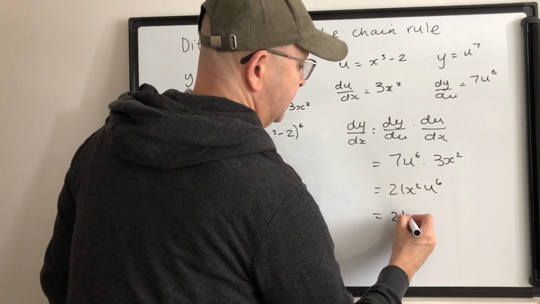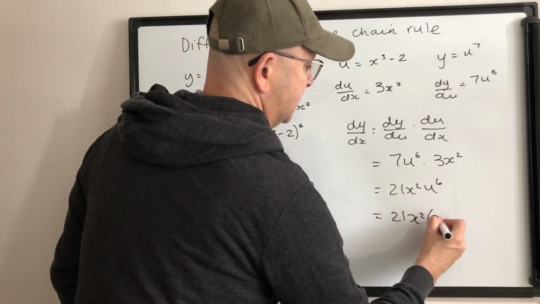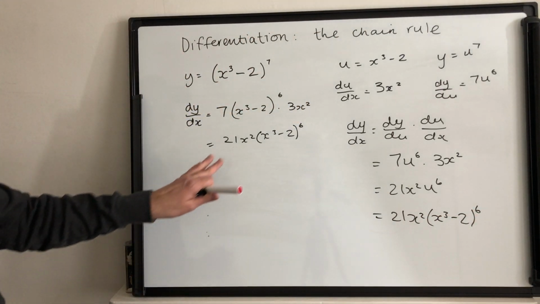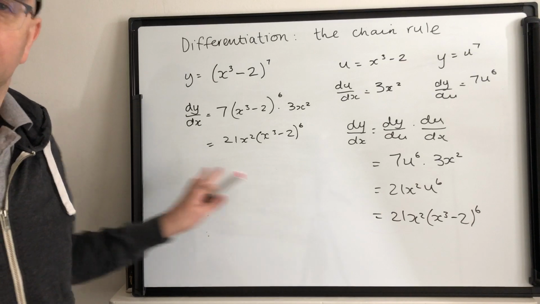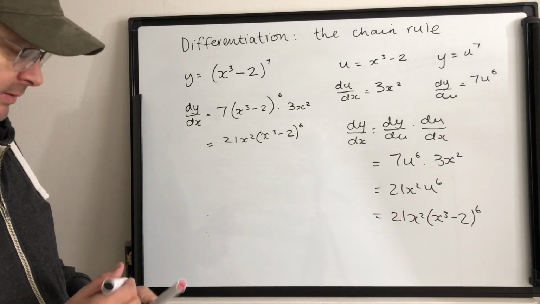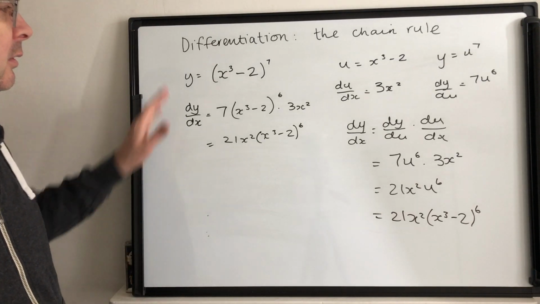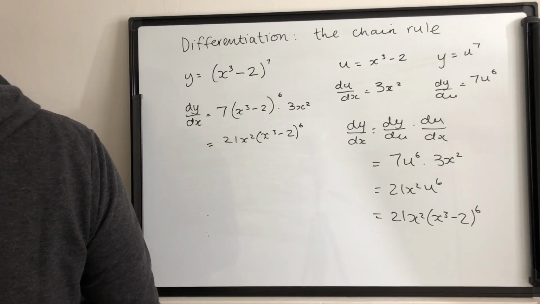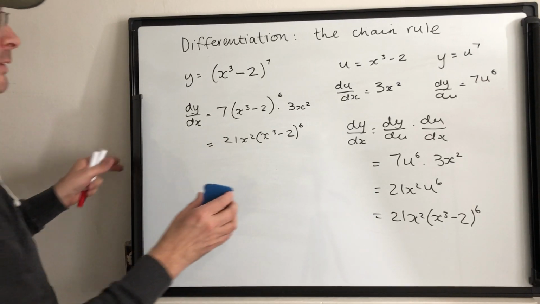Substitute back and you get 21x²(x³ − 2)⁶, which is the same as you'd expect from doing the quick method. Let's do another one.